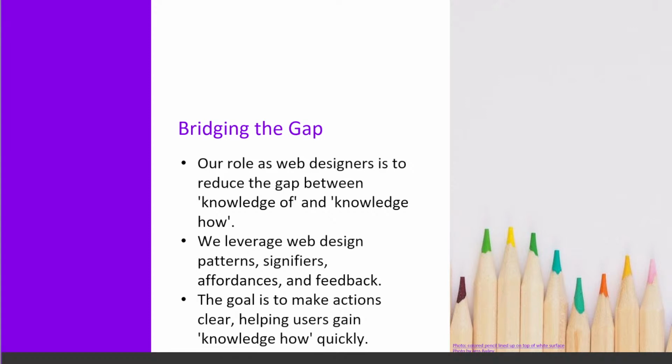So it's indirect training that is guiding our users in a certain direction, building this bridge that is getting them across the gap between knowledge of and knowledge how, to where they know how to do the skill they need to do. Right, remember that when people come to a website, they typically have something they want to do, and they want to be able to do it relatively quickly.